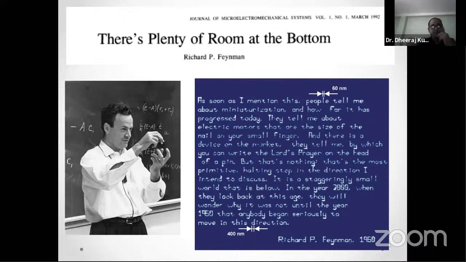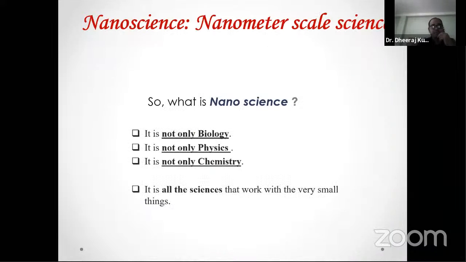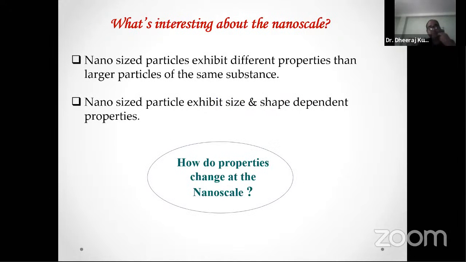Next. We can easily see that nanoscience is not only biology, not only physics, and not only chemistry, but includes all the sciences which deal with objects or substances of very small sizes. Next slide.